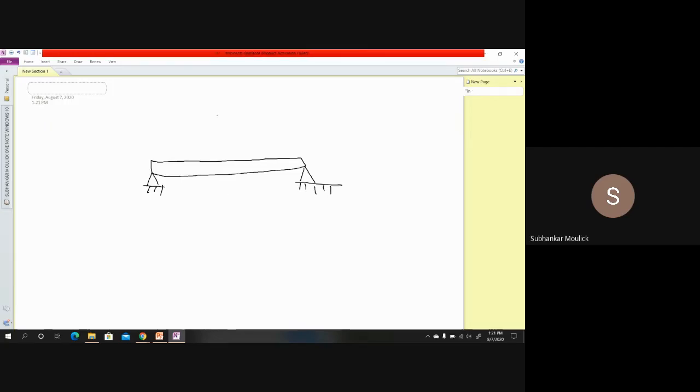And if I apply an external load on the beam, any kind of load, you can apply a UDL also, you can apply a UVL also. But the thing I am trying to say is that due to application of any kind of load, whatever beam it is, the beam will bend, the beam will deflect. So you can assume that this is that deflection curve.